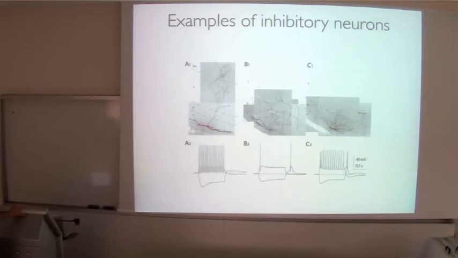So you can see here the dendrites are in one layer, the axon goes to a different layer, okay, and the responses are completely different between these three types. They're not too different in terms of the dendritic arbor, but the axons are going to different places.